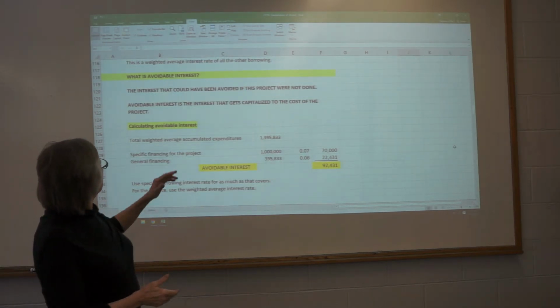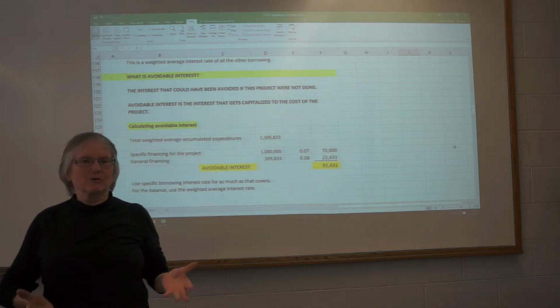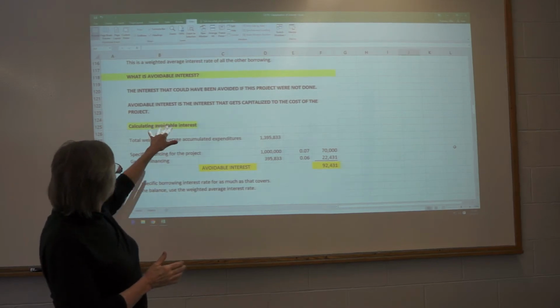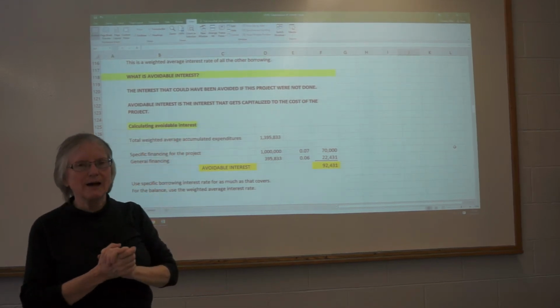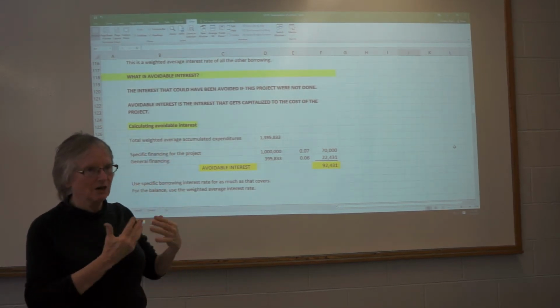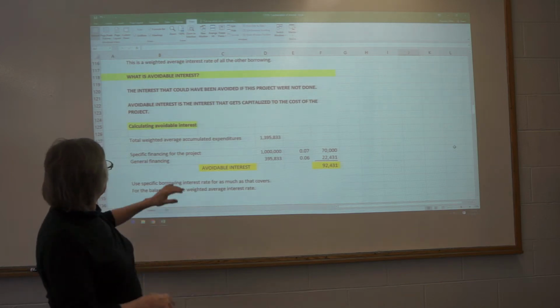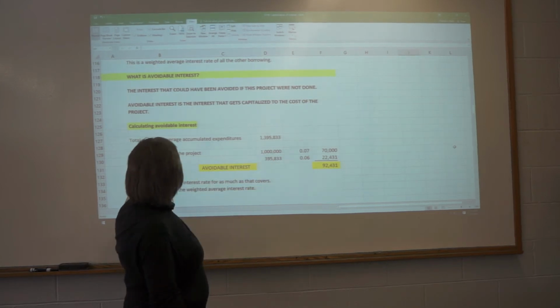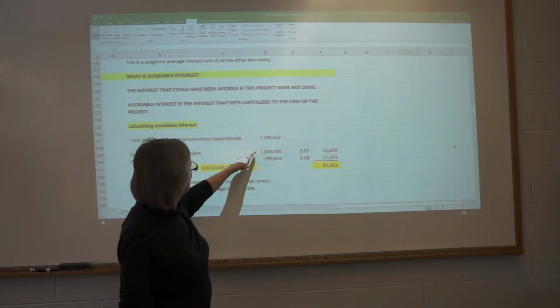Avoidable interest, you think there's enough terminology here? Avoidable interest is the amount of interest that you could have avoided if you didn't do the project to begin with. Avoidable interest is the interest that may be capitalized to the cost of the asset. So in this case, we had weighted average accumulated expenditures. We had specific financing, a construction loan of $1 million.